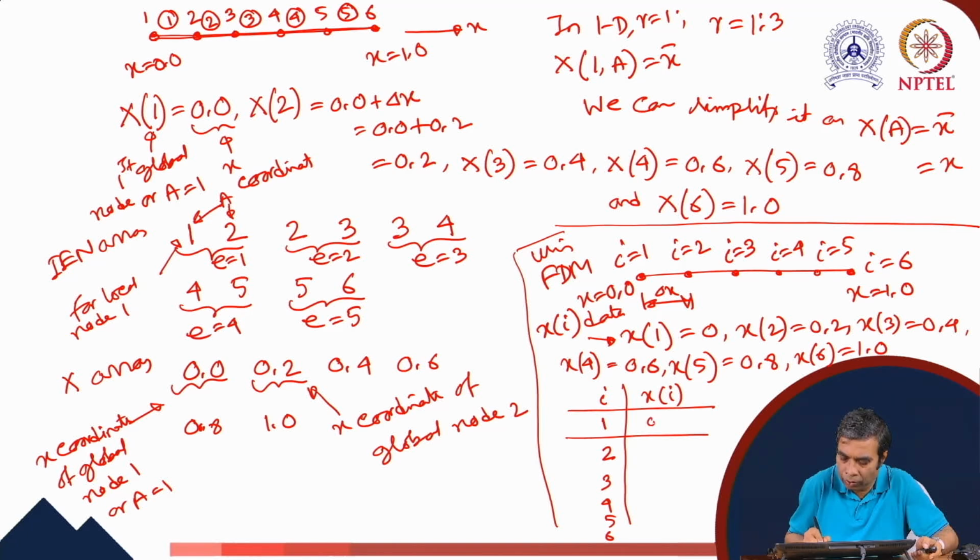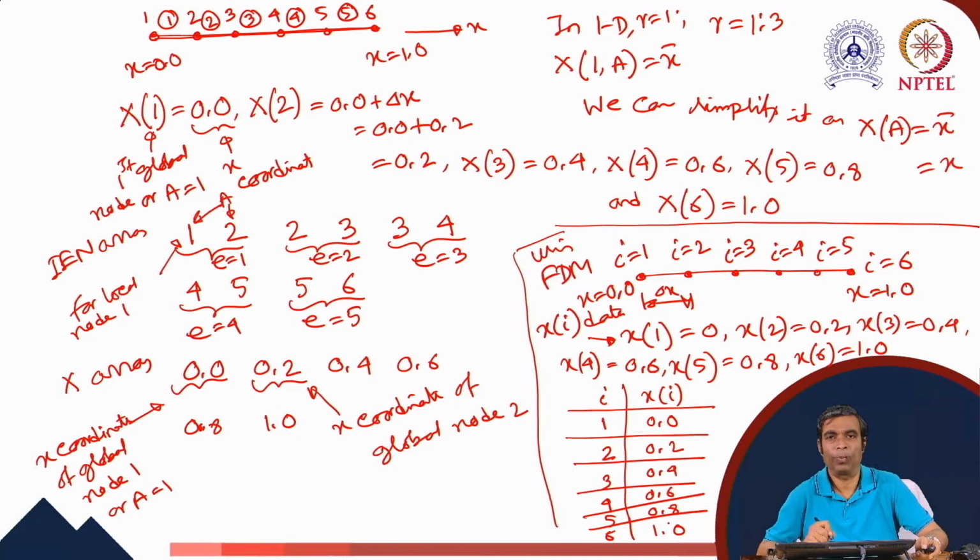For 1, our coordinate is 0.0. For 2, it is 0.2. For 3, it is 0.4. For 4, it is 0.6. For 5, it is 0.8. And finally, the 6th global node is 1.0. So when we plot this data using, for example, a text plot, we can easily get the finite difference mesh. The same is valid for the finite volume mesh.